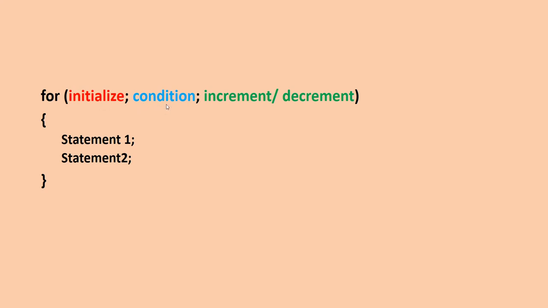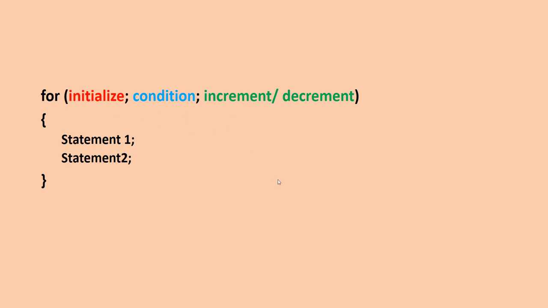It is a Boolean condition which is evaluated, and only if it is true does the control go into the body of the for loop and execute these statements. The third statement is the increment or decrement statement. Why is it called that? Because it increments or decrements the loop variable.